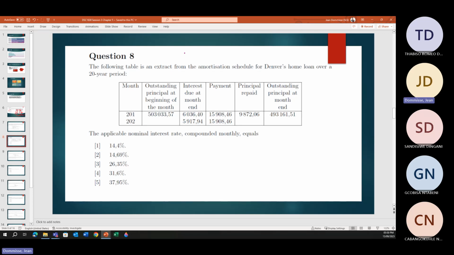They don't give everything to you guys, but they tell you, say, a home loan over a 20-year period, and then they give you 2 months of that period. And what they give you is some information around that. Okay, so then the first question that they ask is, what is the applicable nominal interest rate that is compounded monthly?